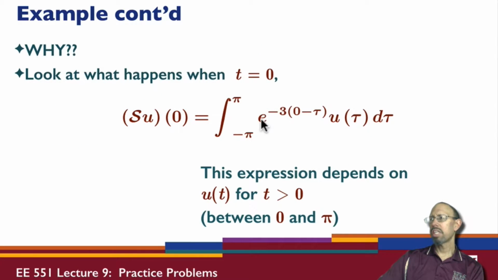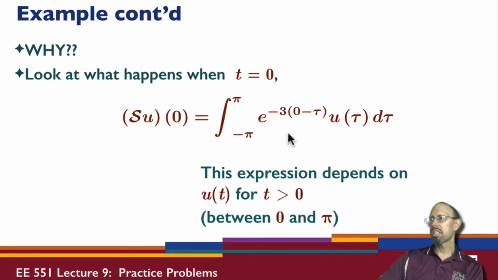So why is it not time invariant? Look at what happens, for example, at t equals 0. When we let t equal 0, we get this expression. This expression depends upon u for time greater than 0. This is independent of time t, but this integral depends upon the values of u between 0 and pi.